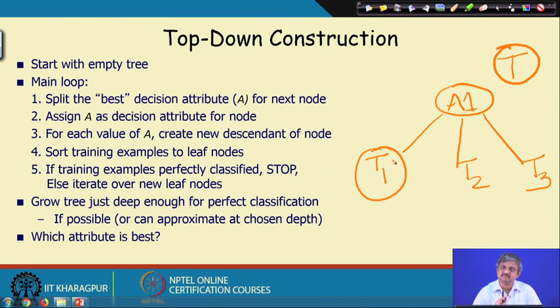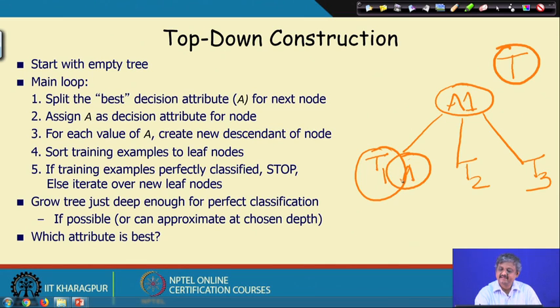Again, what is best I am defining later. So, I find an attribute which will split this T1 in the best possible way. To give you a hint, this best possible way corresponds to the attribute which discriminates the two classes, yes and no classes, as much as possible.